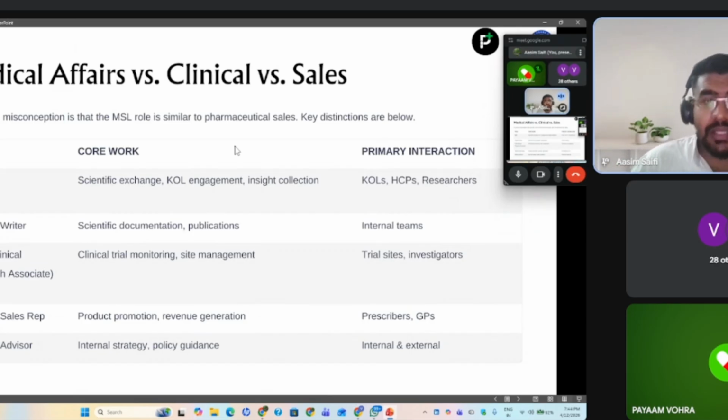Okay, so MSL is scientific exchange, KOL engagement, and insight collection. Right now, say a product is launched into the market. Now it is a patent of the company. So what will the company do? The company will have an MSL team.